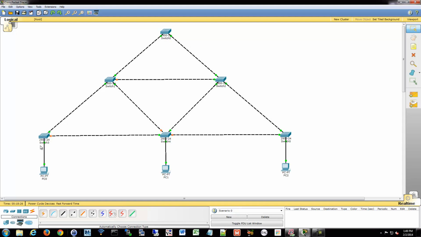So if we have BPDU guard enabled, it's going to say, oh, whoa, whoa, whoa, no, and then turn off the port. It'll error disable the port and say, no, that's not happening. So that way we won't send out any BPDUs into our network and potentially take over as root down here, and it also prevents the connection of switches.